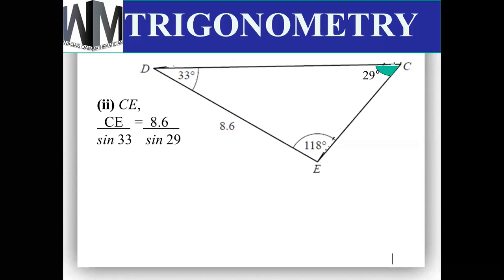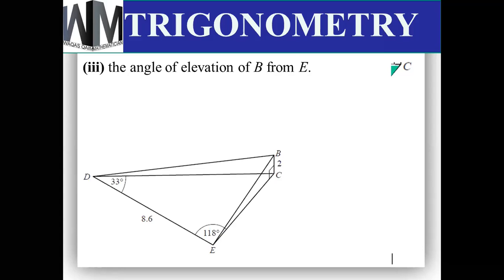The sine rule will be CE over sine 33 is equal to 8.6 over sine 29. Then we send sine 33 to the other side and it will be multiplied, and the length of side CE becomes 9.6.